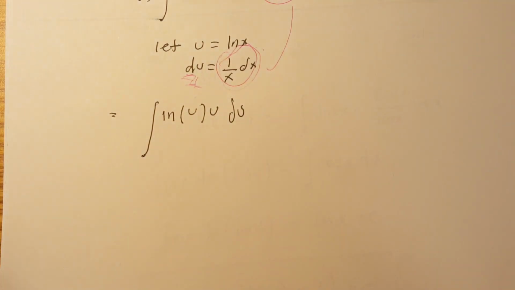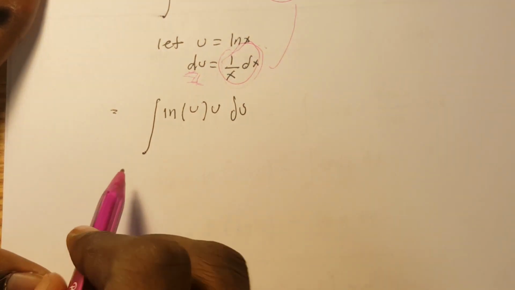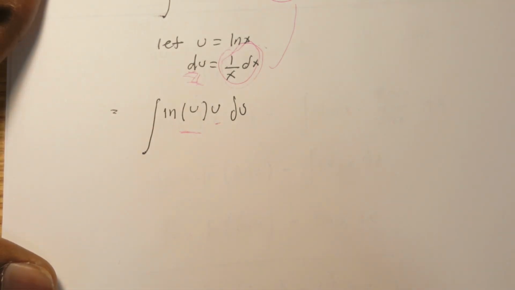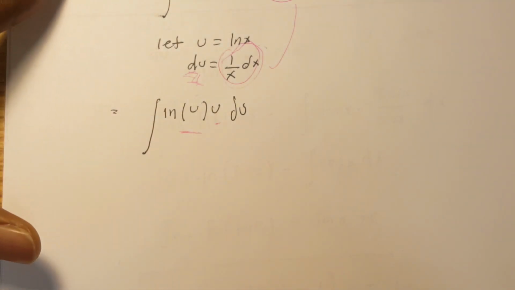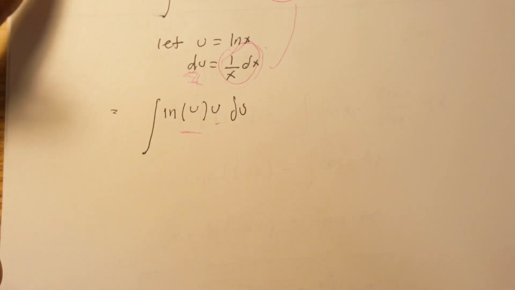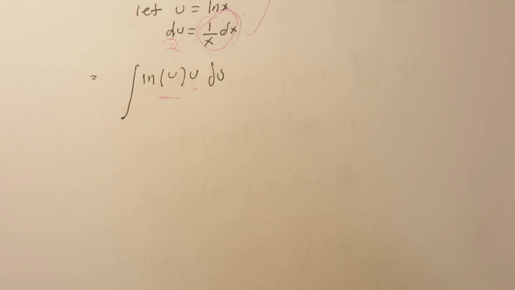Now, we have two things here being multiplied. So the best thing which will come into your mind is that integration by parts will work here. But remember, we've already used the letter u, so we can't use the letter u again. So we use a letter like a, or maybe b or c.